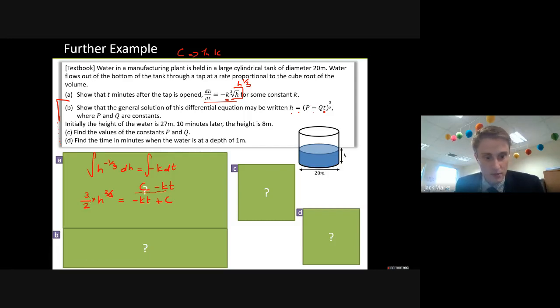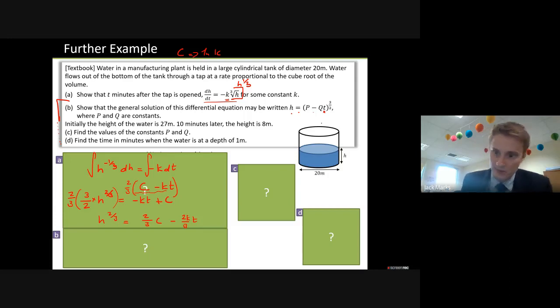3/2. So you can undo this by multiplying by 2/3 on both sides. That will undo that. So that will give you h to the power of 2/3 is equal to 2/3 c, I'm going to multiply it out because I want it to try and look like this as much as possible, minus 2/3, or 2k thirds, whatever, something like this, t.